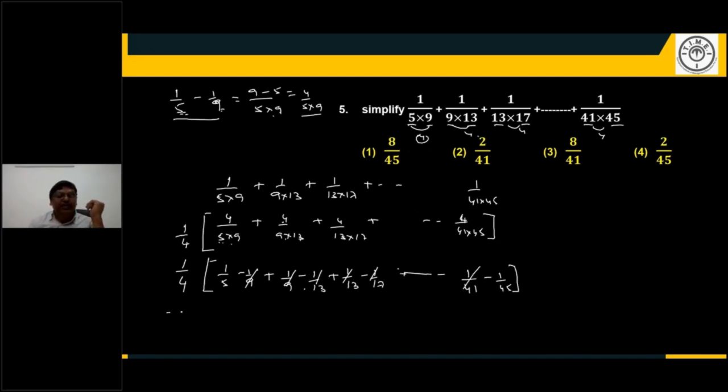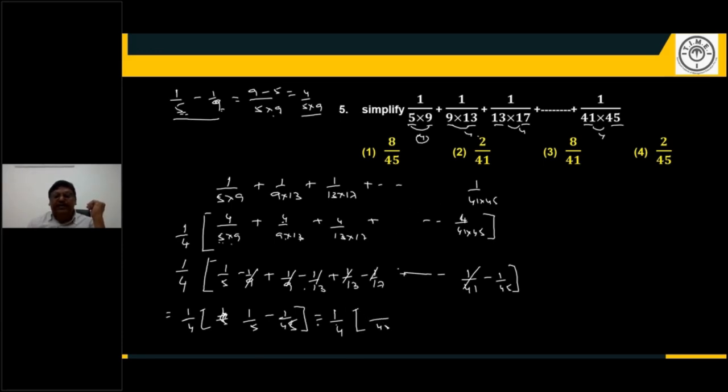What you will have is 1 by 4 into 1 by 5 minus 1 by 45.